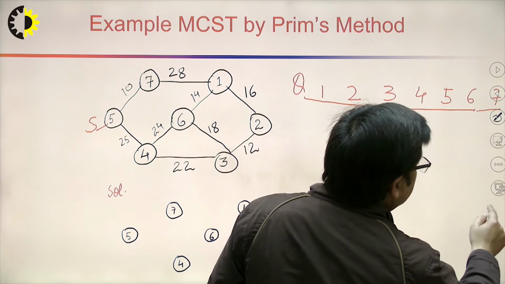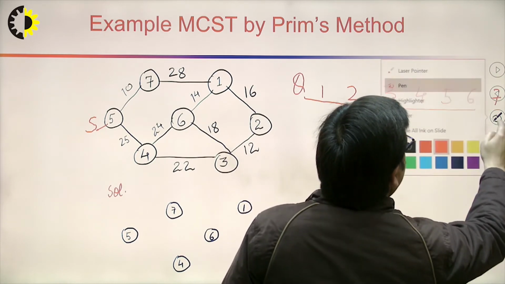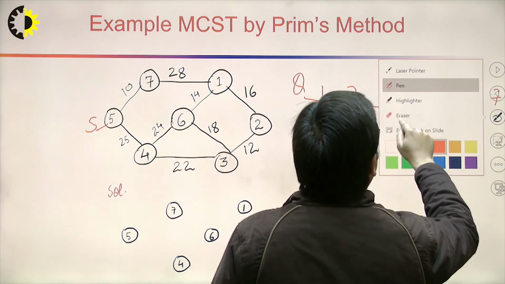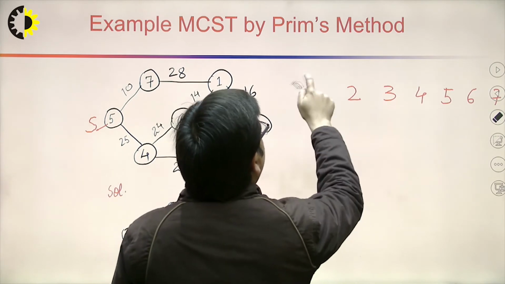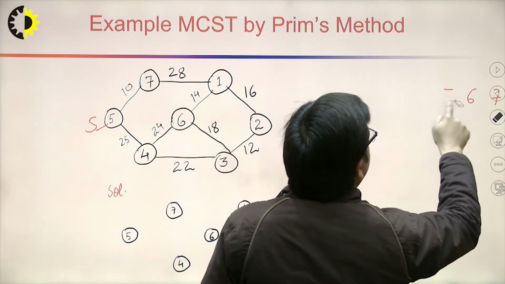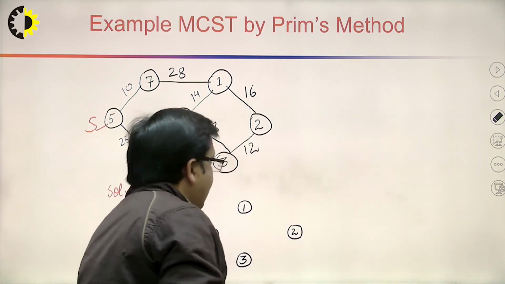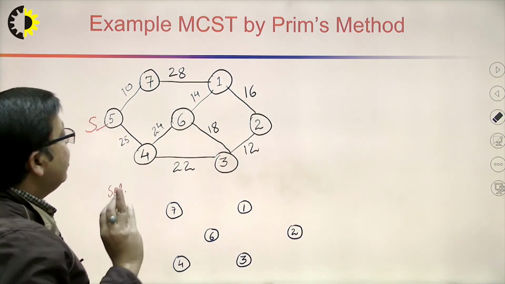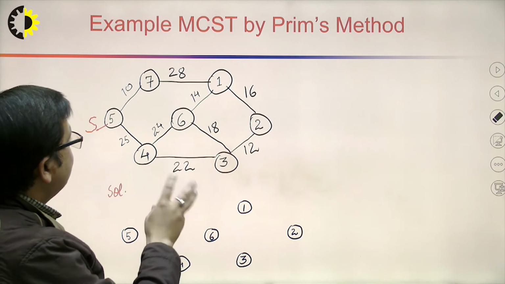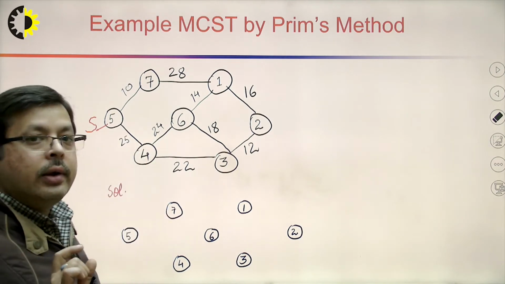Suppose this is the given graph. Now we are pushing all the vertices inside a queue.